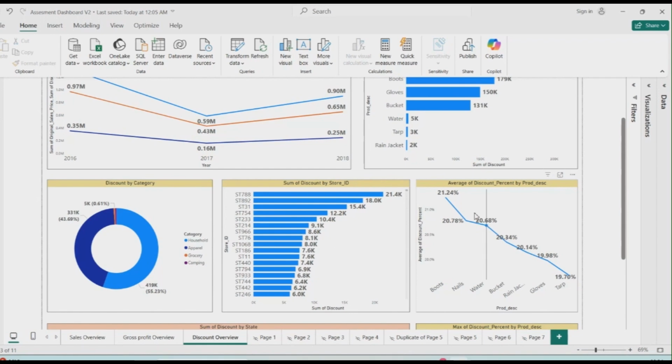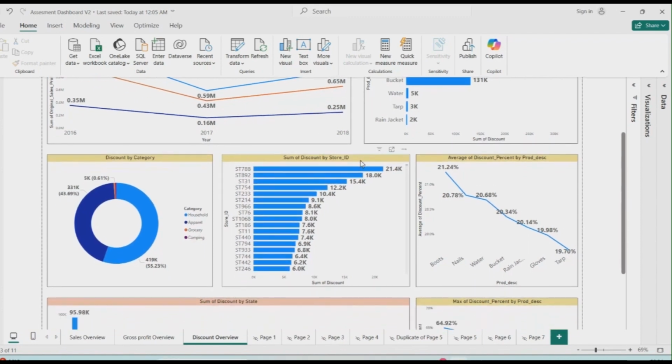The most important graph is this one, the discount by respective stores. So here we can clearly see ST788 offered the maximum discount of around 21,400 US dollars.